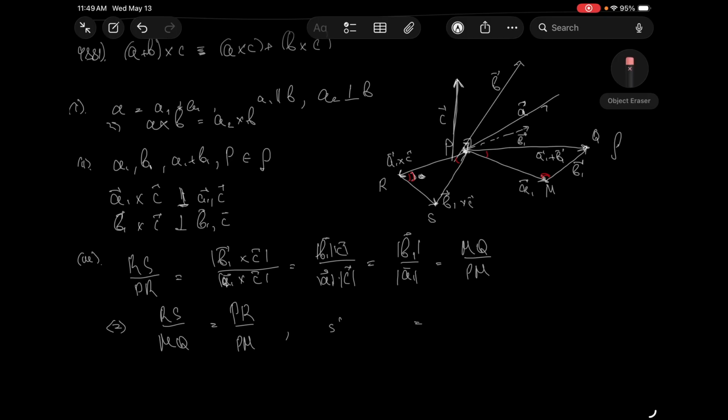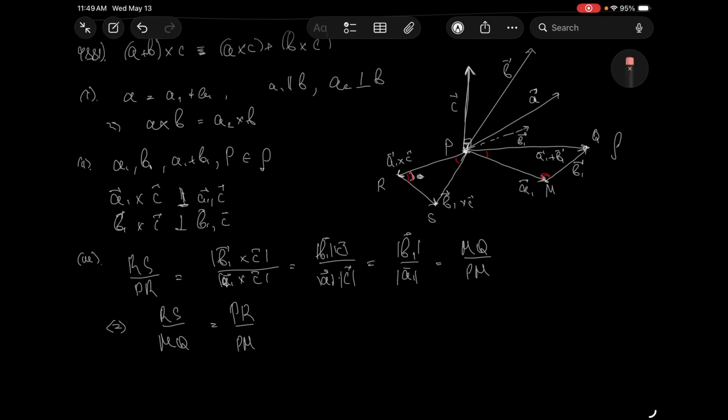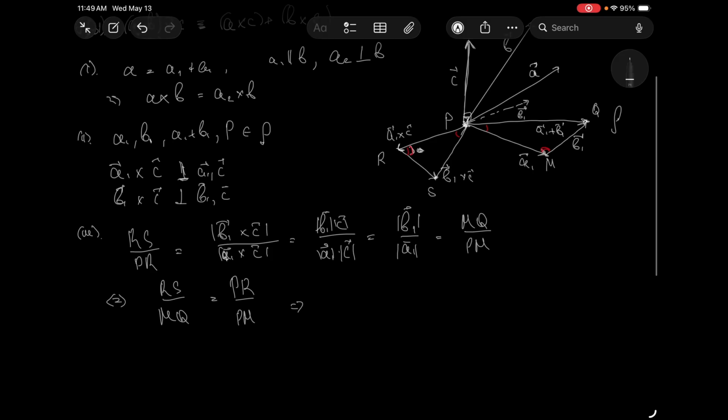So this angle should be the same. And given the fact that these angles are the same, what can we conclude? We can conclude that these triangles are, sorry, not equal, but similar. Triangle RPS is similar to triangle MPQ.